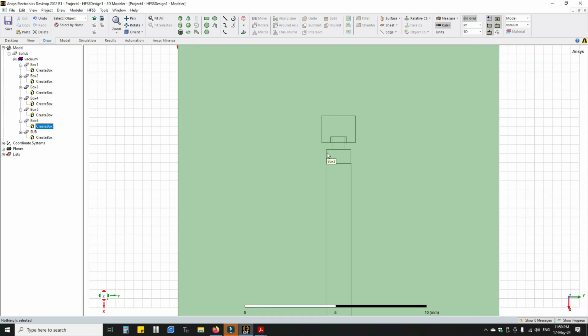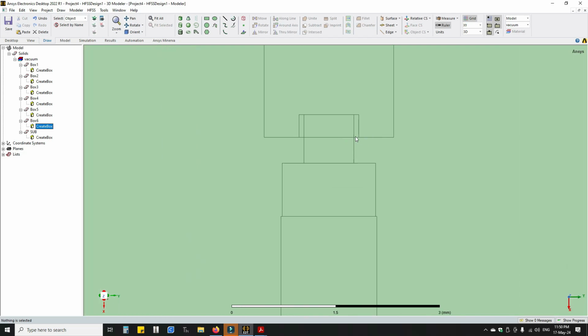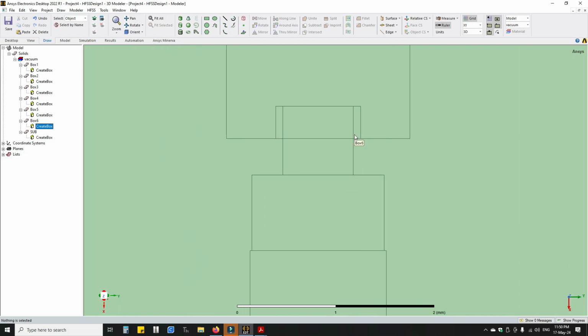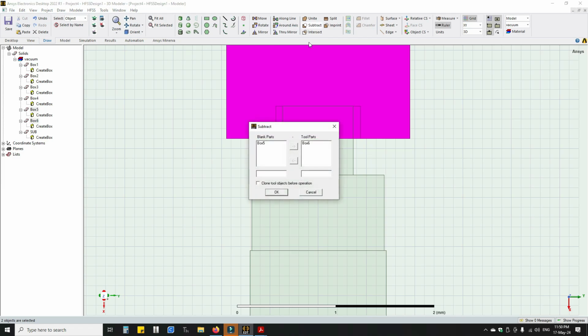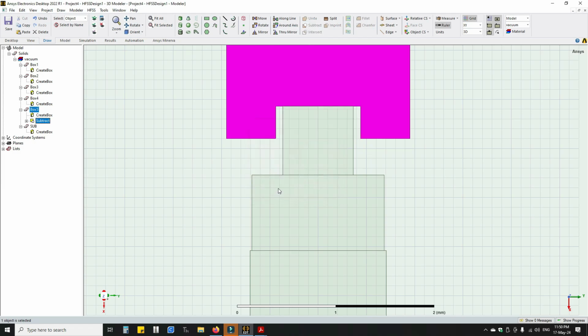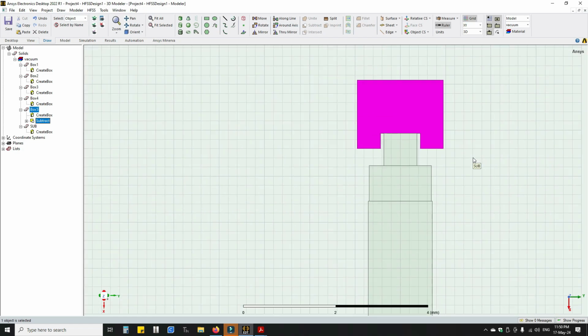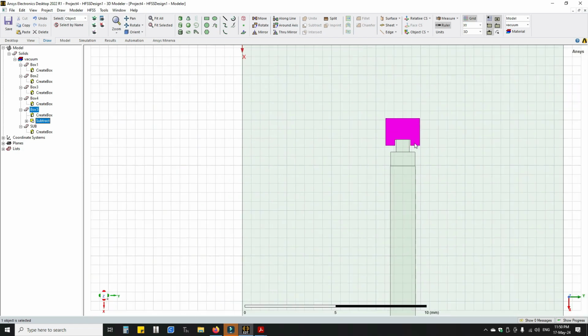That's it. This is the place where I need to subtract. Just select box number 5 and then box number 6. Go to subtract. Just hit OK. You will see the subtracted material.